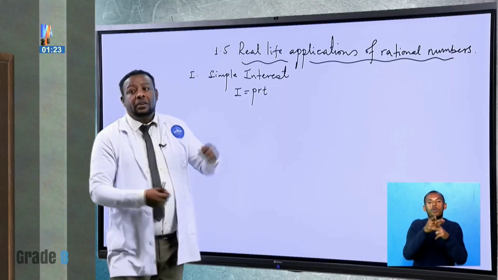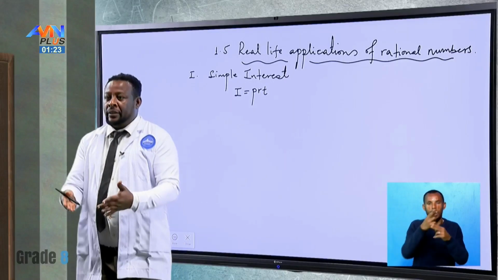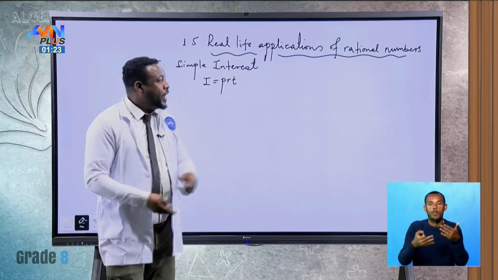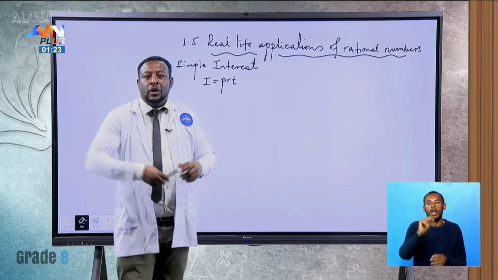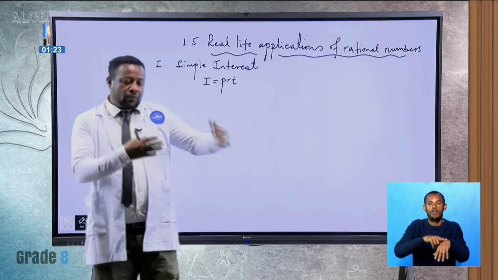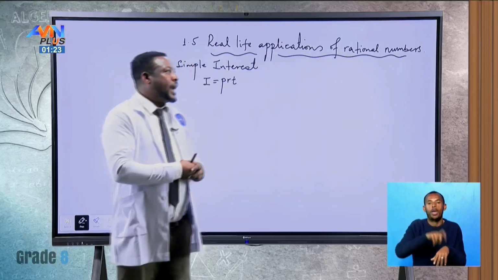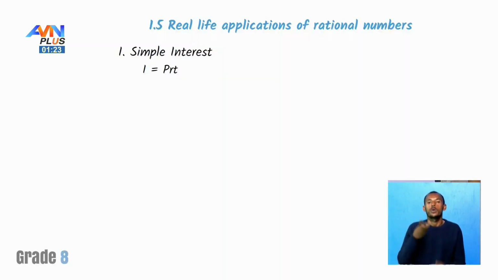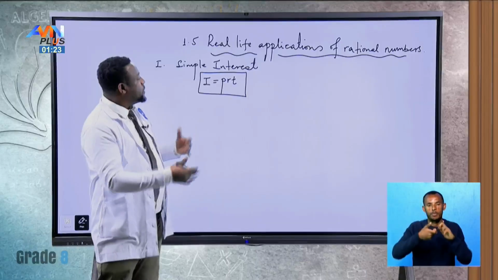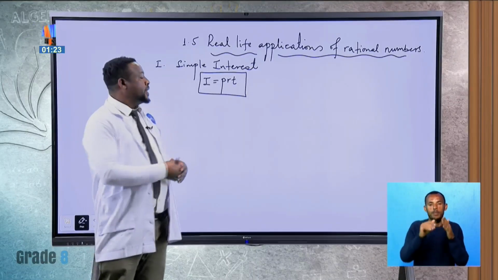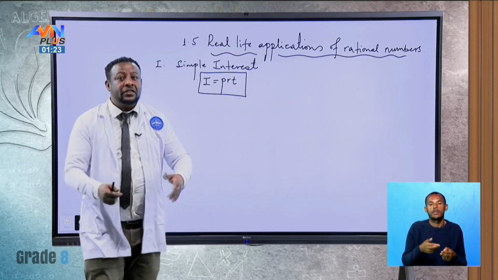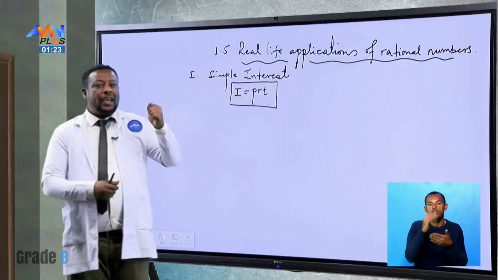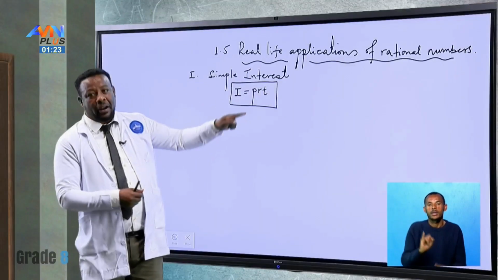And R refers to the rate. This R is given in the form of a percentage, and T refers to the time or the length of the period that the money is used. So we need to know this formula before we start observing some problems related to simple interest, okay? So I is defined in this manner.